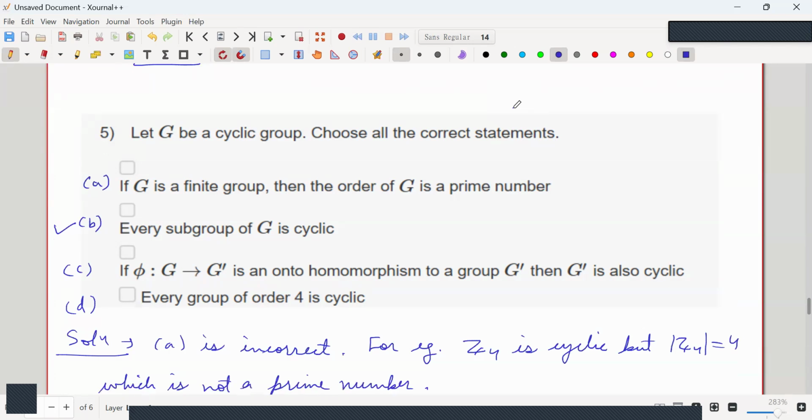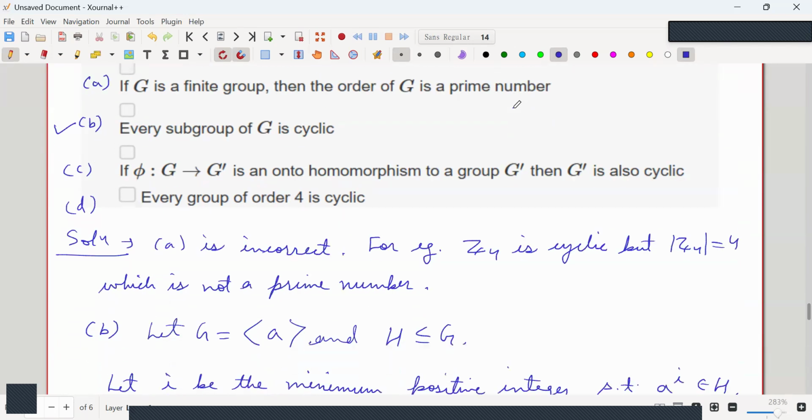Now, this we have already seen in some practice assignment or somewhere, I guess. Yes, sir. If G to G prime is an onto homomorphism to a group G prime, then G prime is also cyclic.